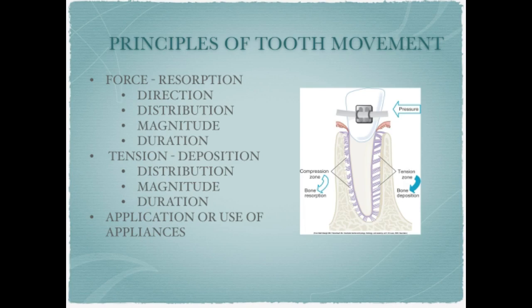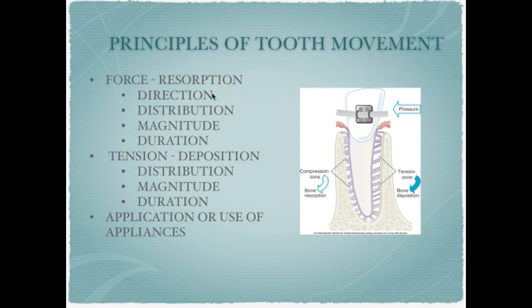So the principles of tooth movement involve 2 conditions. Force, which causes resorption of the alveolar process, and tension, which causes deposition. So the normal or usual corrective appliances of a bracket, an arch wire, and a ligature of some sort to hold the arch wire on the teeth, those 3 items are really crucial in tooth movement.